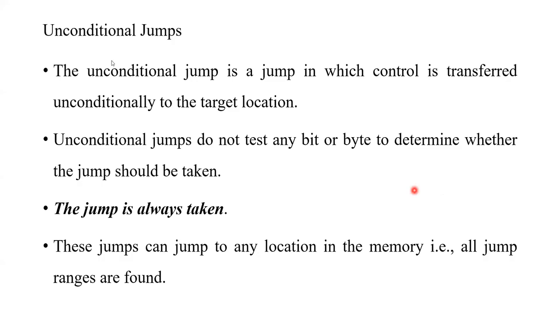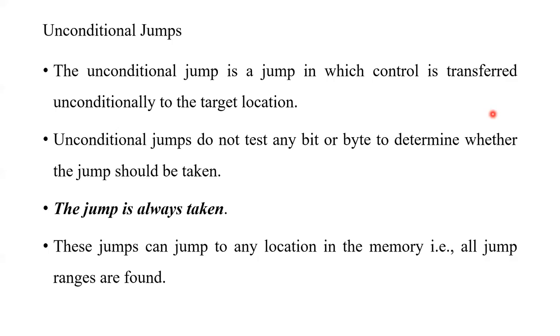But when it comes to unconditional jumps, we are not checking any of the bits, and also not checking any byte to determine whether I need to jump or not. If I just mention the JMP instruction, which is an unconditional jump, the jump is always taken and is not dependent on any conditions.